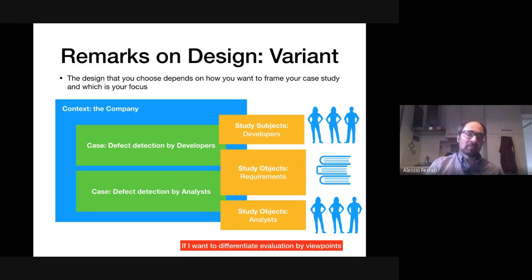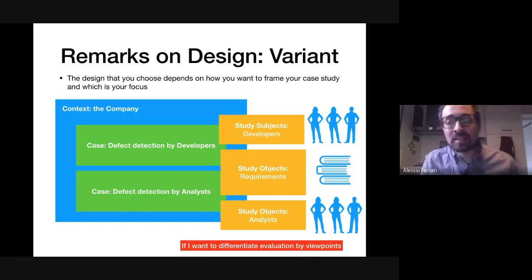And this is why I'm saying all this information here is shown in a sequential way, but in practice, very likely you need to modify this aspect. Of course, especially for the design of case studies, the best thing is to think beforehand about the unit of analysis and the type of study that you perform.